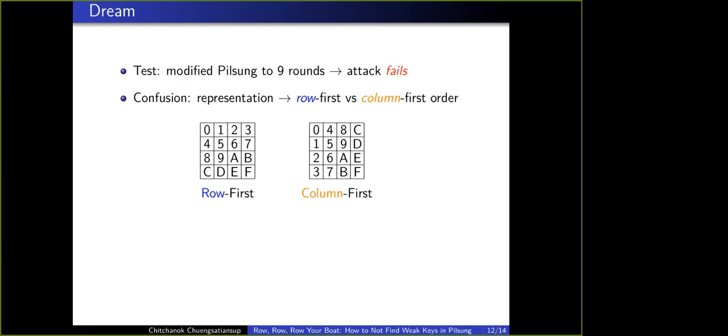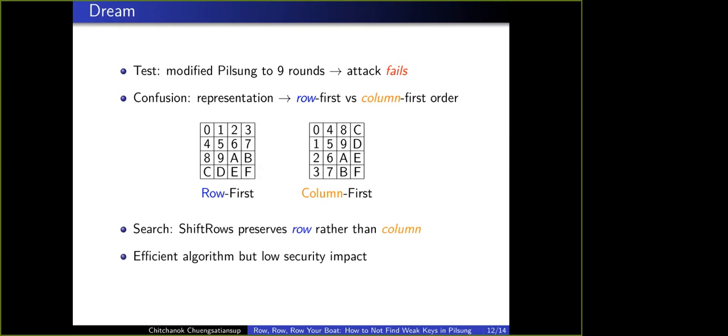We thought that from vector to 2-dimensional array, it uses row-first order, as on the left-hand side of the figure. But in reality, Pilsung uses column-first order, on the right-hand side of the figure. What it means is that our algorithm actually searches for shift rows that preserve rows rather than columns.